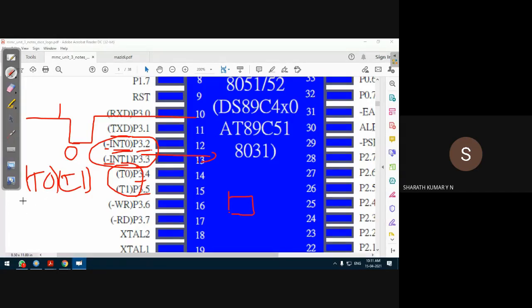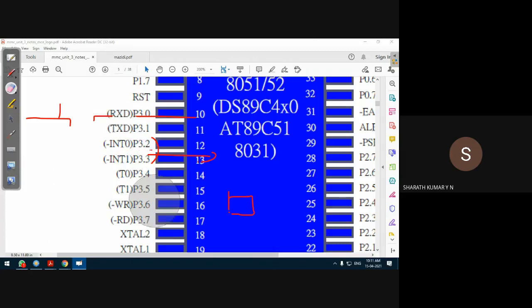If you provide clock pulses to these 2 timers externally, these 2 pins, P3.4 and P3.5, are used. So these 2 provide external clock input for timers. I guess we'll discuss more on this a little later.